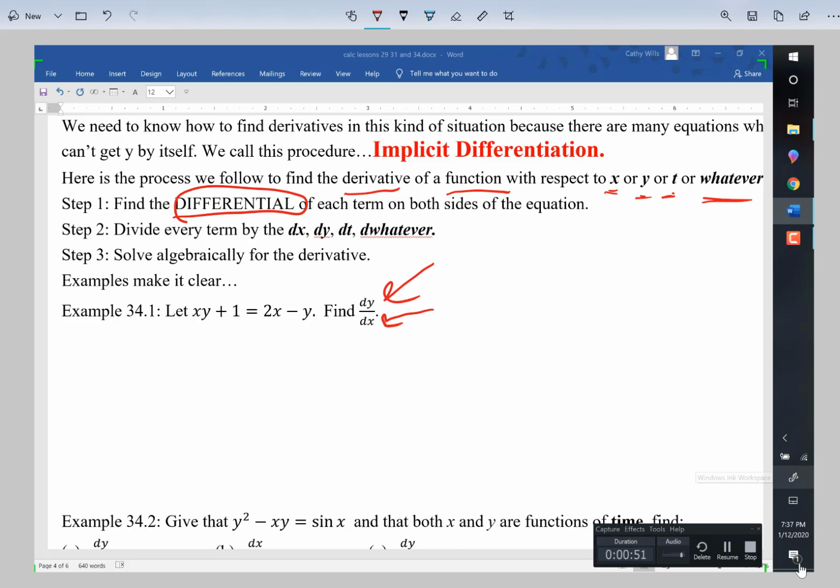So if you're doing that problem, you would divide every term by dx, because x is the letter that you're taking the derivative with respect to. And then you solve for the derivative. Okay? It'll make sense with examples, because talking about it is not helping. So let's do that example right there.